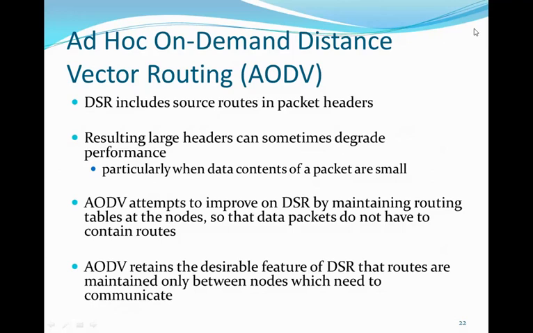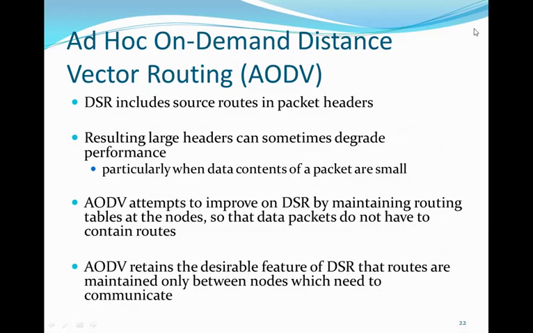Therefore, instead of providing the complete route from the source side, AODV tries to maintain a routing table at the node so that data packets don't have too much route information from source to destination.